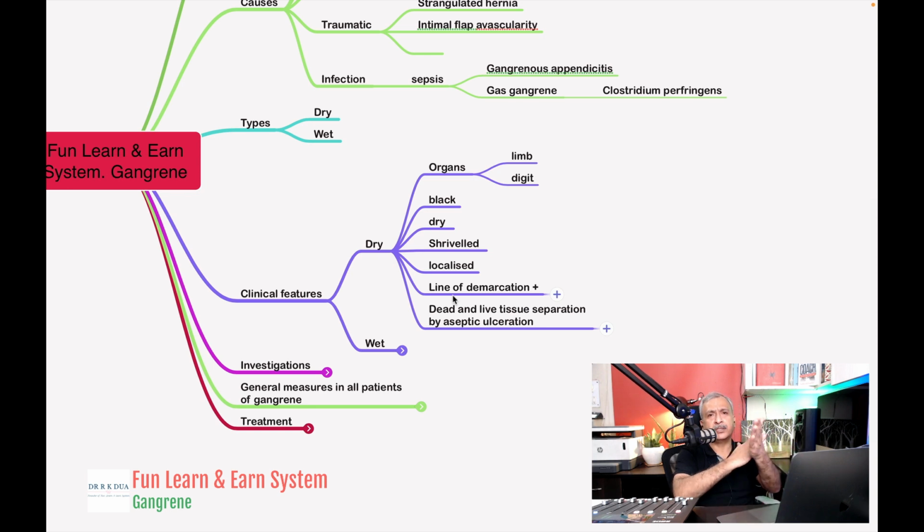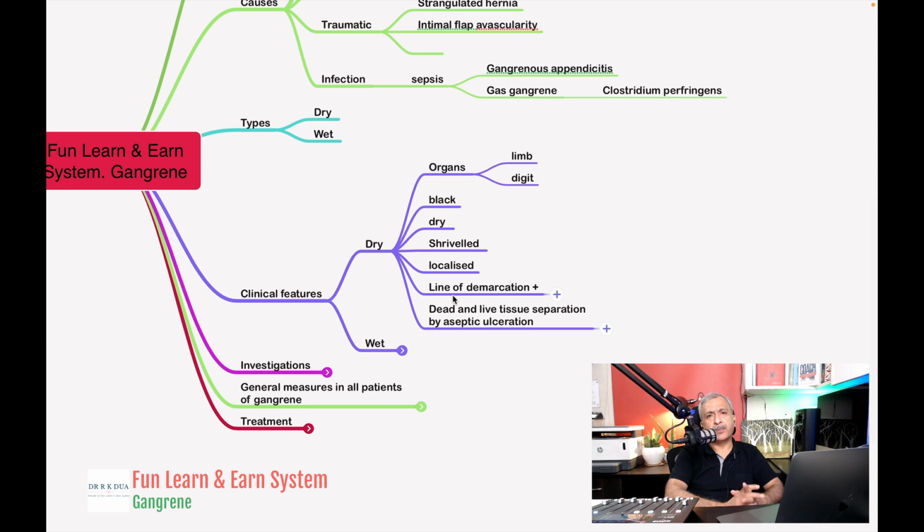If we amputate the part at this point, skip lesions are present here. So that means this area is also damaged. So that should always be taken care of before doing any kind of surgery in case of wet gangrene.